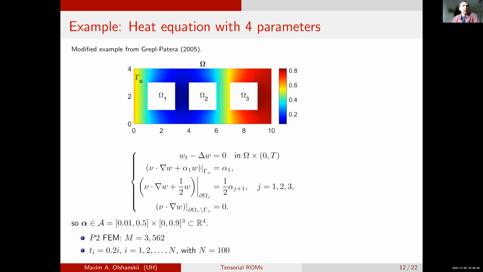Anyway, now I want to talk a little bit about analysis, but before that, let me show you a few examples of how it works. This is one simple example, a heat equation in such a domain with 4 parameters which parameterize the boundary conditions. So this is a linear dynamical system which depends on 4 parameters.